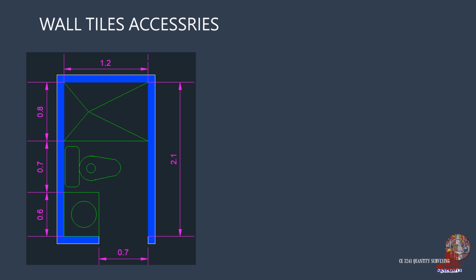The wall accessories are computed by taking the area, which can be considered as the first and the second. These give 1.5 by 4.8 plus the smaller area of 0.5 times 1.1, totaling to 7.75 square meters.